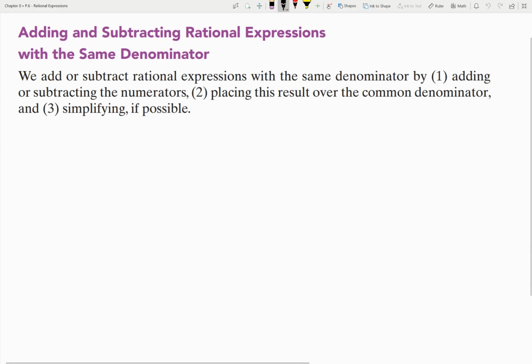Unfortunately, adding and subtracting is a bit more difficult. Okay, so if you remember how to add or subtract fractions, you might remember that you're going to need a common denominator. So if they have the same denominator, we add or subtract expressions by adding the numerators and placing the result over a common denominator and then simplifying if you can.